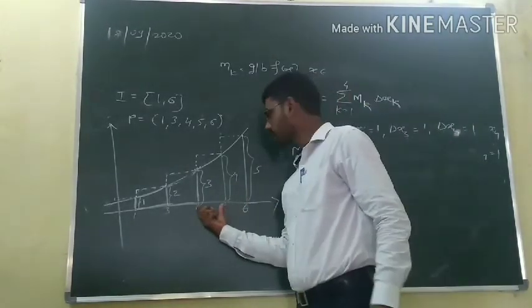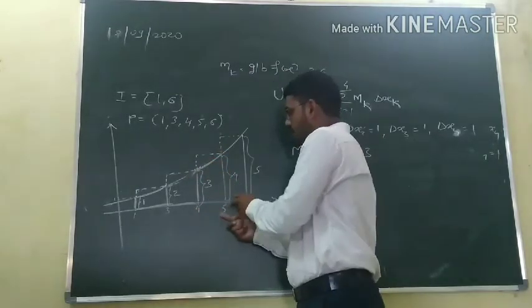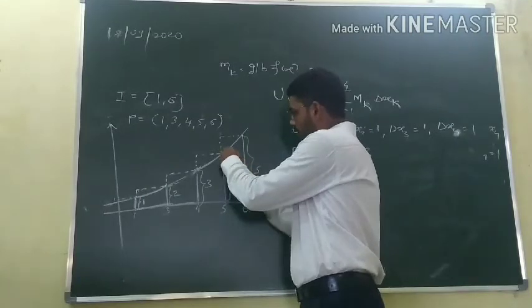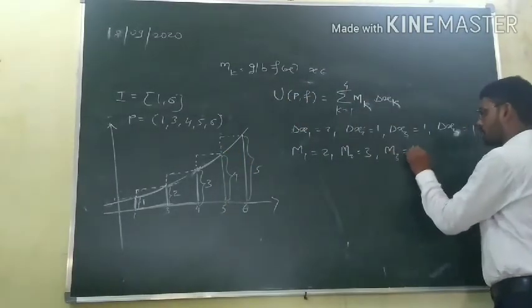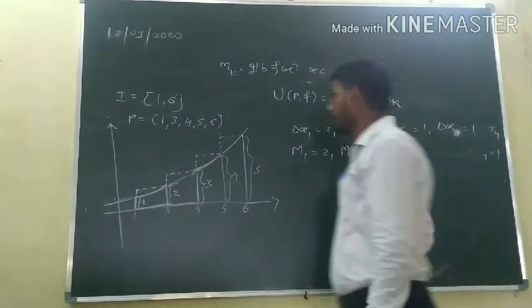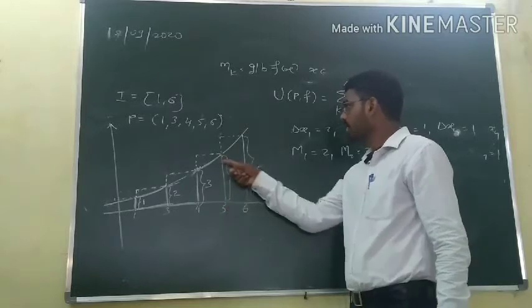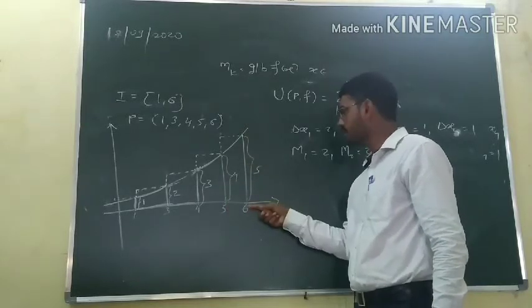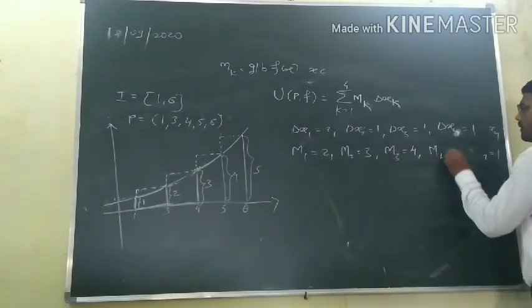In the third subinterval, again the graph is increasing, so the maximum value occurs at this point, which is given as 4. So M3 is equal to 4. Again, in the last segment, the maximum value of the function occurs at point 6, which is given as 5. So M4 is equal to 5.